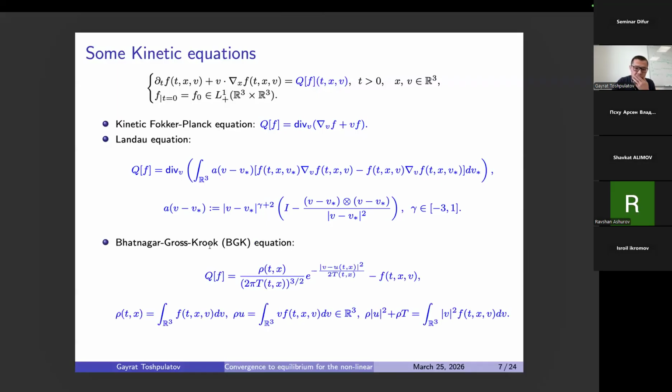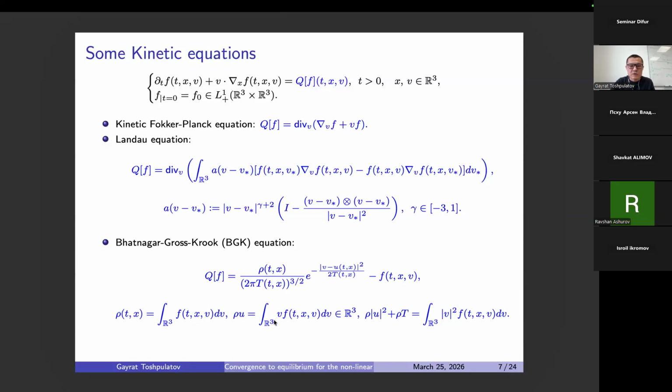And another model is suggested by Bhatnagar, Gross, and Krook. In this case, this collision operator has this form. Here, rho is the integral of f with respect to v, and u is defined by this integral.